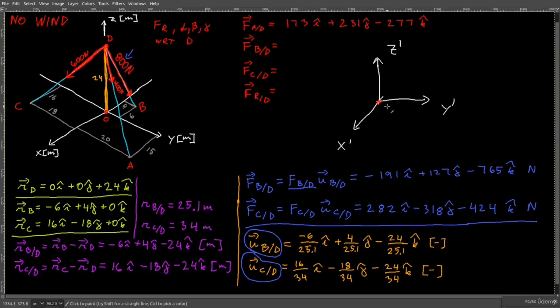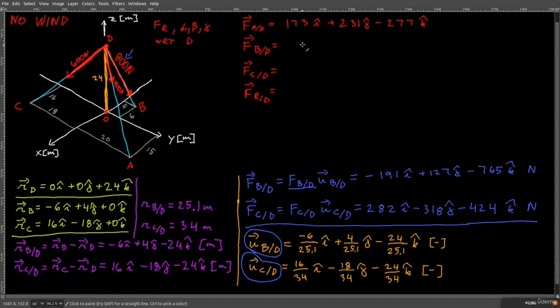But with respect to this point D, I have 282 newtons in this direction, 318 newtons in this direction, and then 424 newtons in this direction. And so from the origin at point D up until this point, this vector is 600 newtons. So that's the logic of it.